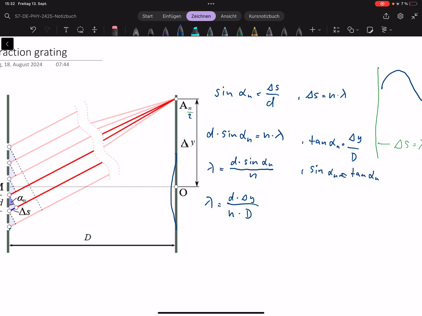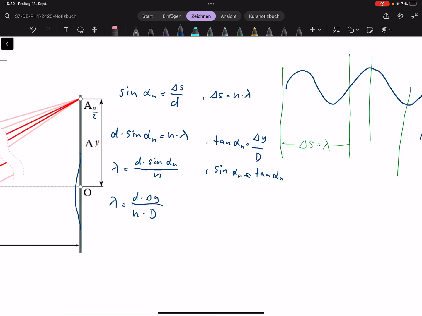And now we've got the three lengths that we can measure or that are given to us, and the n which we can count. And this formula is now giving us the possibility to calculate the wavelength of the light that we used.